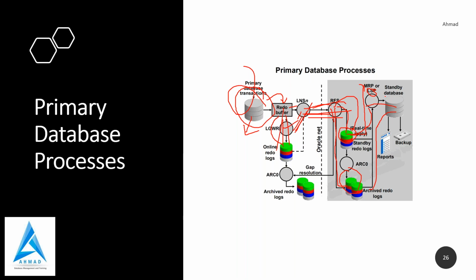So in a physical database, MRP is involved, and in a logical standby, the LSP process is involved to apply the redo on the standby database. So that is what I said about this. Not clear? See, it depends on your configuration and on what mode is required. I'm coming to that in a further slide, then you will easily understand.